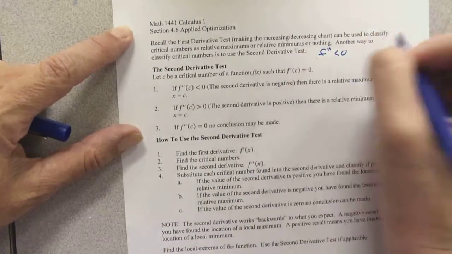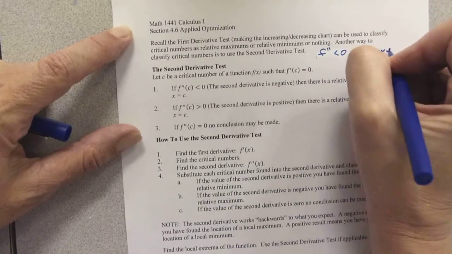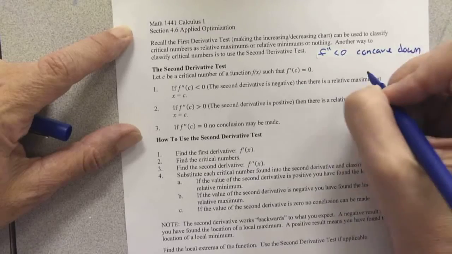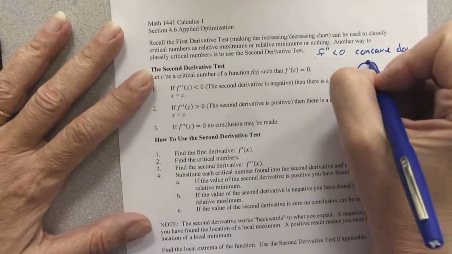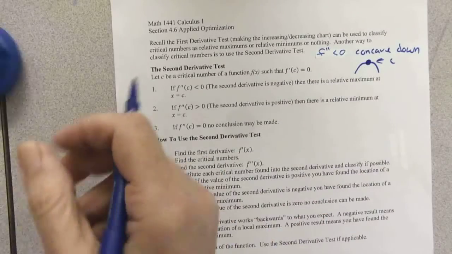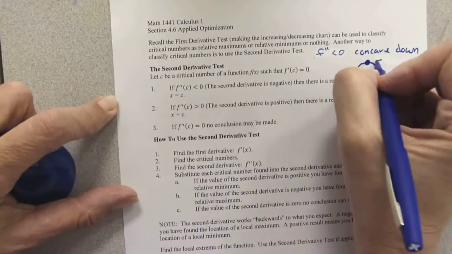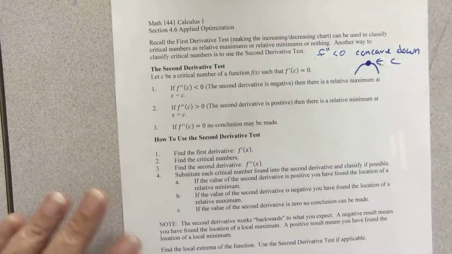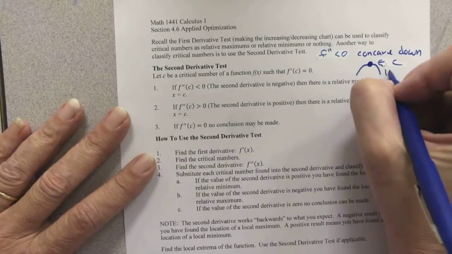F double prime less than 0, second derivative negative, means we're concave down. And so it's going to look something like that. If I have a critical number, let's say that's c, the picture has to look like that. And so it has to be a local max.